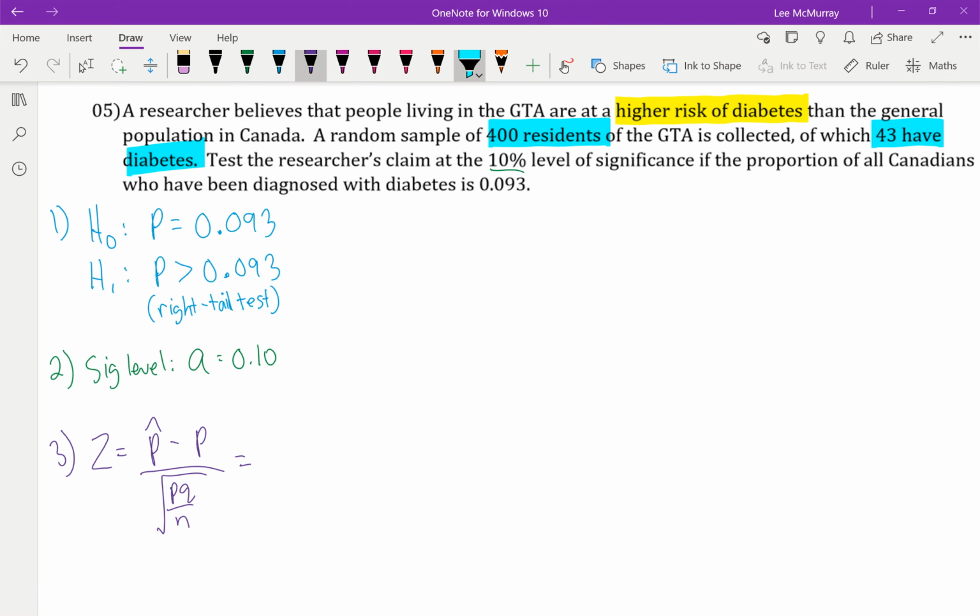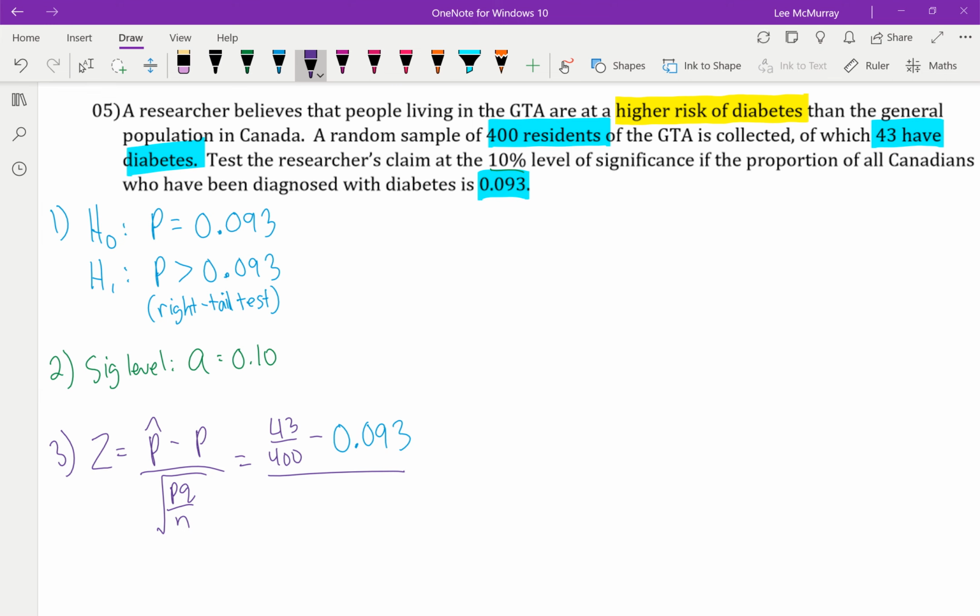I'm going to write that in purple here. So we have 43 out of 400, and we're going to subtract our population proportion, which we're told is 0.093. That's our population proportion, and it comes from our claim statement. We're going to divide all that by the square root of p times q over n.